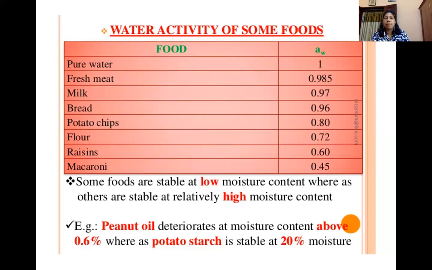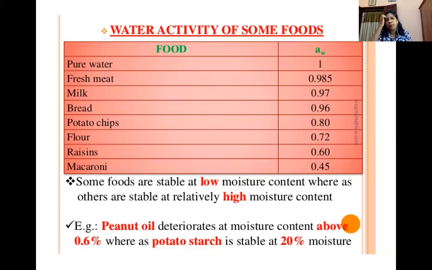And the fresh meat is around, let's say, 90%. So these three things have different water content, but even so the water activity is more or less similar, right? Therefore, you can't keep these products for a longer period. Now I think you can understand that the role of water activity is really important in keeping a product for a longer period.